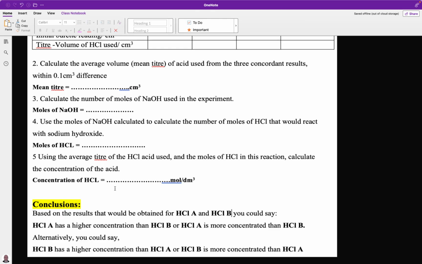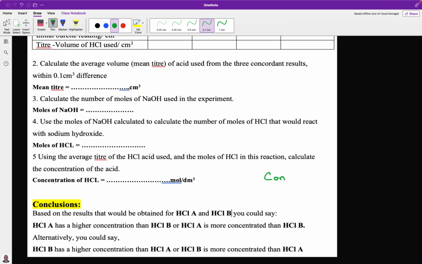To have the concentration of the acid, since concentration is equal to moles divided by volume in dm cube.